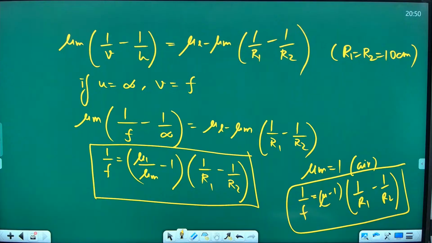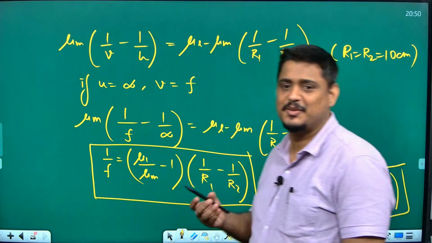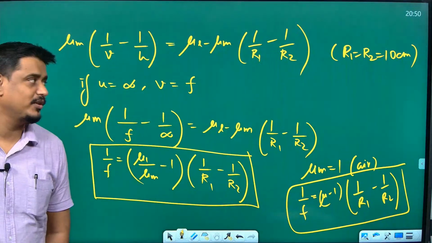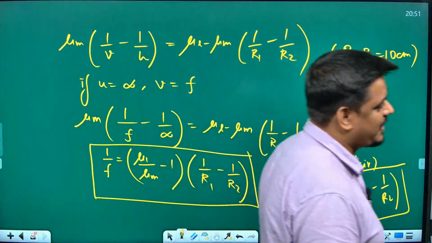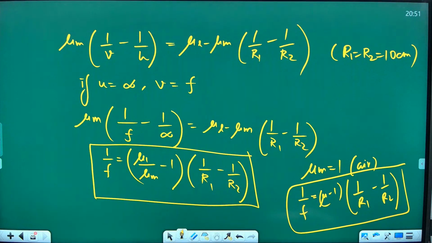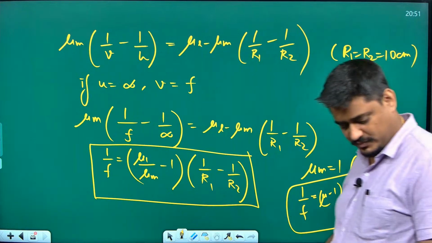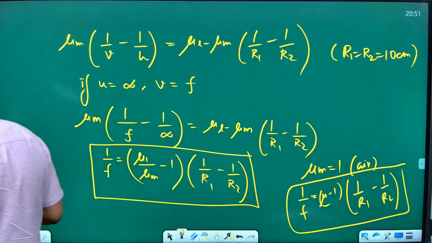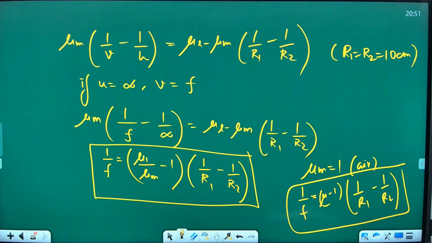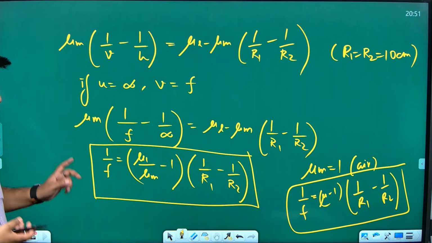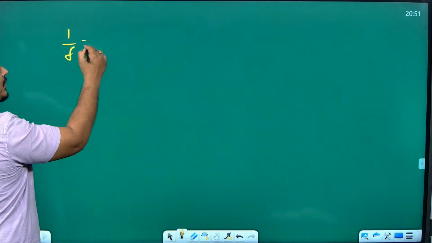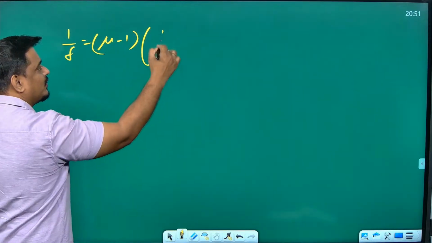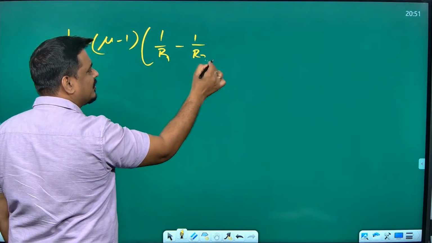How much? Be careful. You are taking the formula and solving, right, Shweta? The formula is 1 by f is equal to (mu minus 1) into (1 by R1 minus 1 by R2).